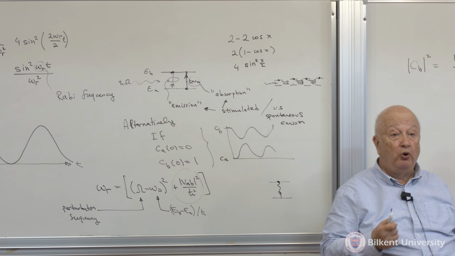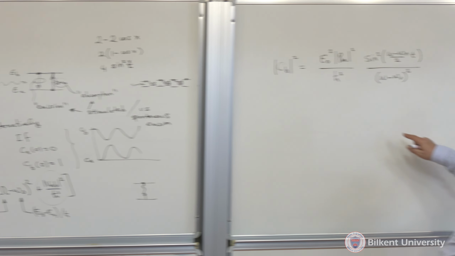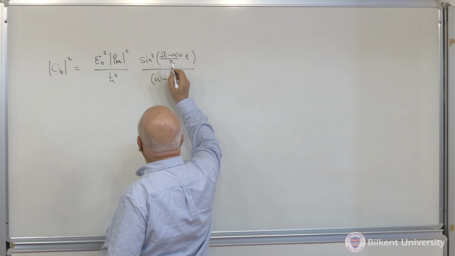If that term is small, indeed if the perturbation is small, then the oscillation frequencies of these things are quite close to one another. But remember, that's an exact result, whereas this is first order perturbation theory. Also in the exact result we have omega minus omega 0 squared, but in this one we only have omega minus omega 0. Yeah, but that's because of my fault. That's omega minus omega 0. There's no small omega in this problem.